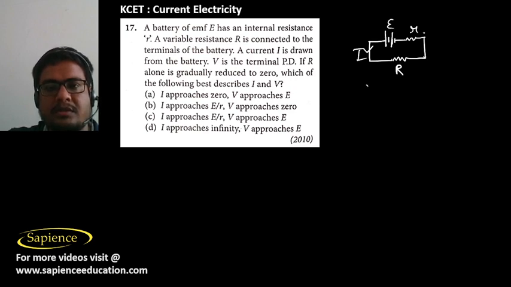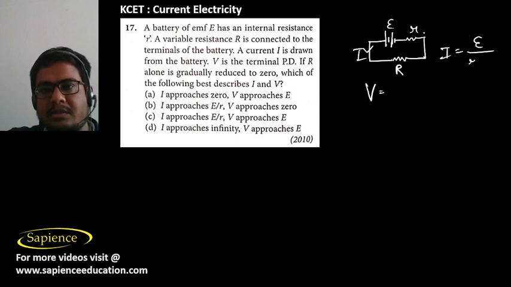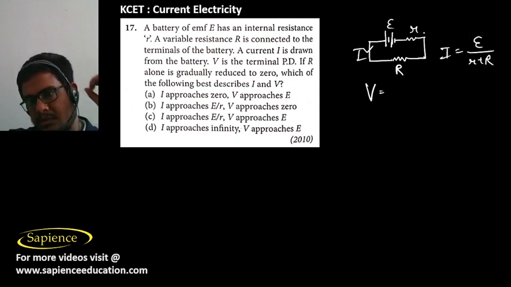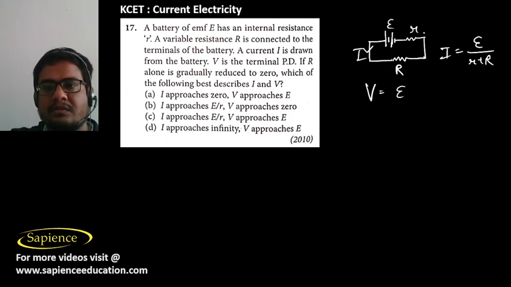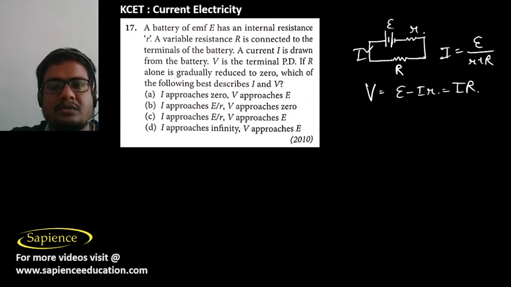So it means that V, the terminal potential, so I is equal to E by R plus R. So then V will be equal to terminal potential difference, which is E minus IR, is equal to IR also. If R alone is gradually reduced to 0, which of the following best describes I and V? So I versus V graph we can draw.